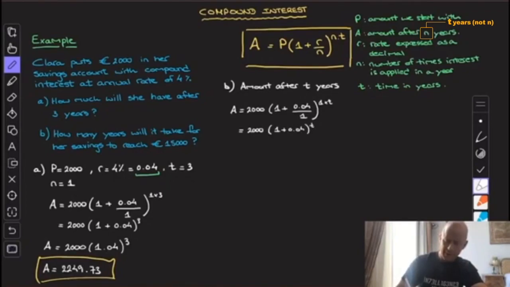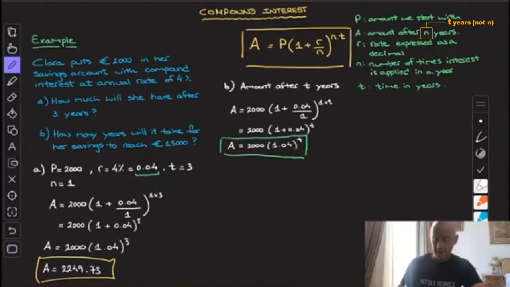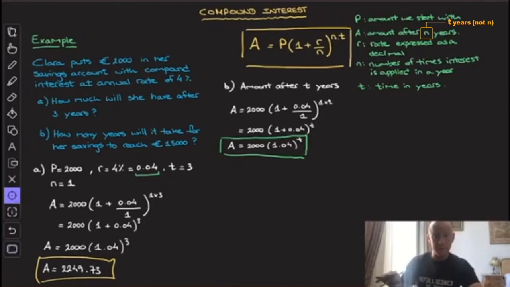We hopefully quickly see that's equal to 2,000 times, in parentheses, 1.04 raised to the power of t. And so that's the amount Clara will have after t years. And in fact, I'll go ahead and box that intermediate result, because if you were to plot this curve inside your calculator, that's exactly what you would plot, right? The only difference is, rather than using t, you would use x, and then you would be able to see the exponential growth curve, all right?